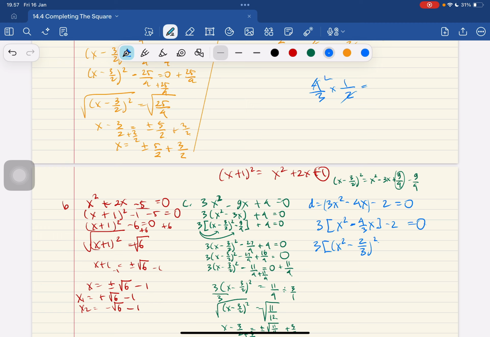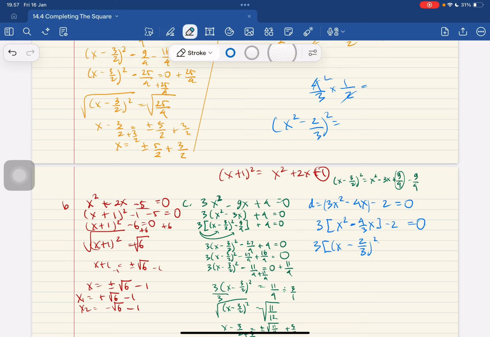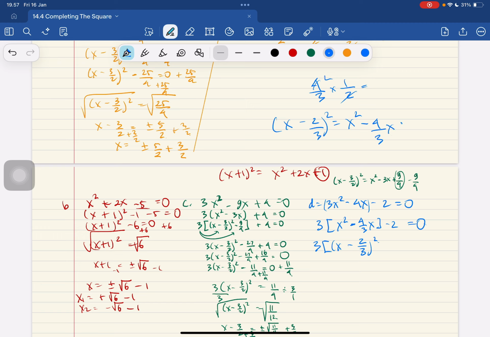So we can proceed here: (x minus 2 over 3) squared, not x squared, only x. This will give us x squared minus 4 over 3 x, and then plus 4 over 9. This is the number that we don't want, so we will subtract 4 over 9. Then last we minus 2 equal to 0.